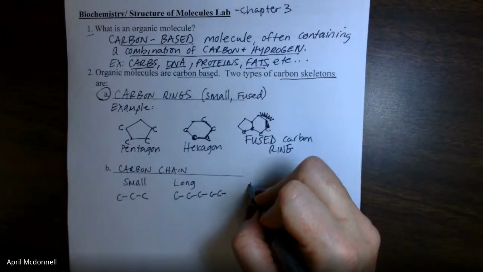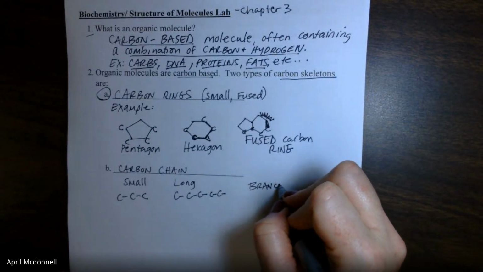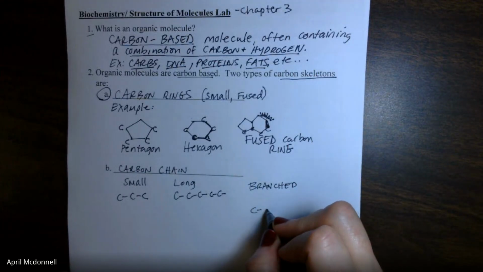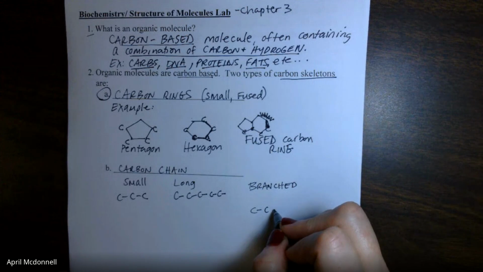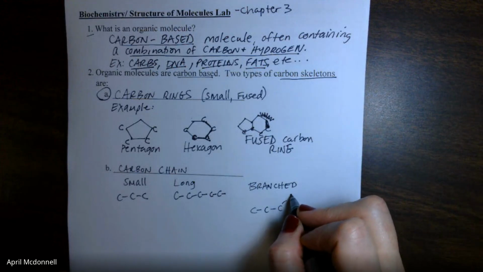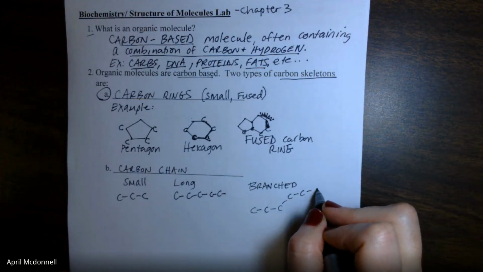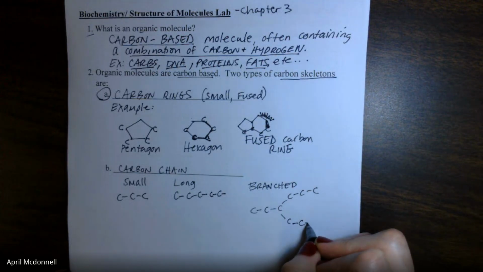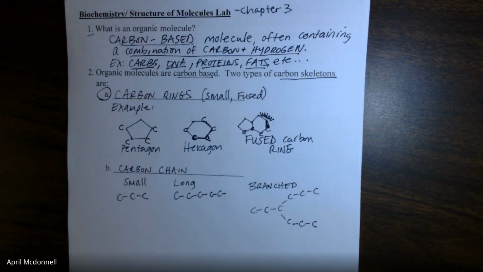And we also have branched carbon chains. You can see it is similar to a branch on the tree. It is branched. It looks like a more complicated type of carbon chain.